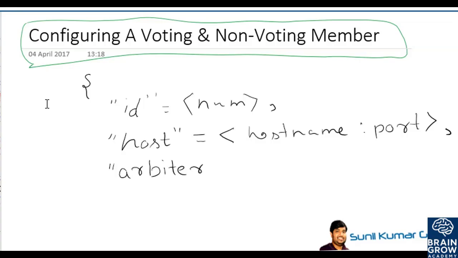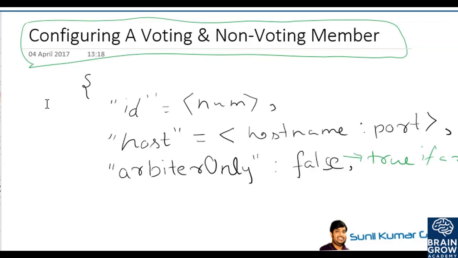If you want to configure a replica set member as an arbiter, so that it can act as an arbiter, you can write true here. Since I'm configuring a non-voting member, I'm giving it false here. You can give true in case you want to make it an arbiter. So always remember this.